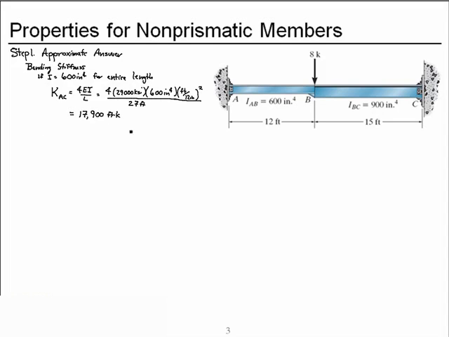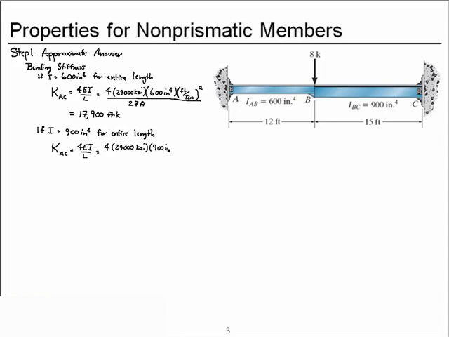Well, what if we went to the other extreme? What if it was all made out of the larger moment of inertia? 900 inches to the 4th for the entire beam. Well, then the bending stiffness with a larger moment of inertia increases, all other things being held the same.